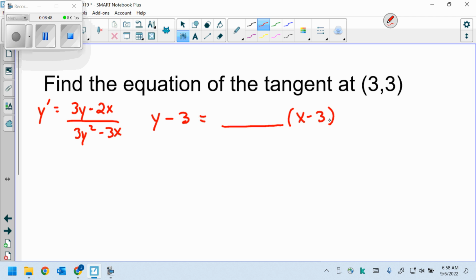That's 9 minus 6 over, I think this is going to be 27 minus 9. I'm going to get 3 over 18, or 1/6. So if I've done everything correctly, that's what the equation of the tangent is going to be.